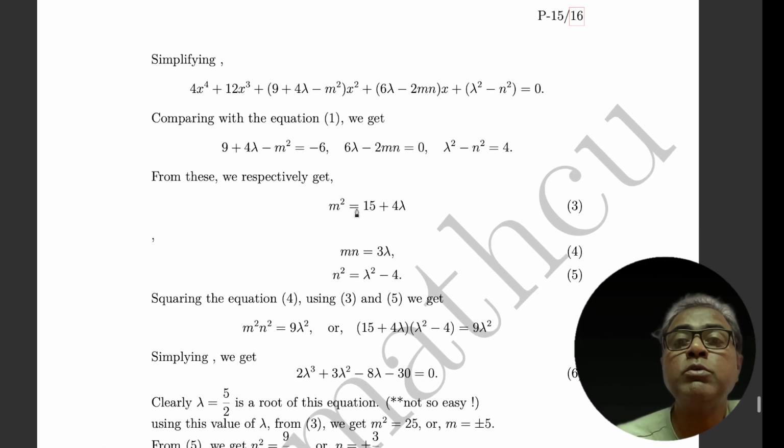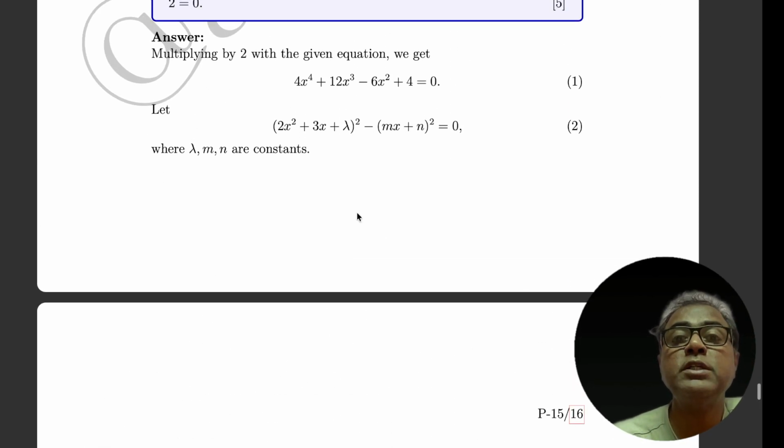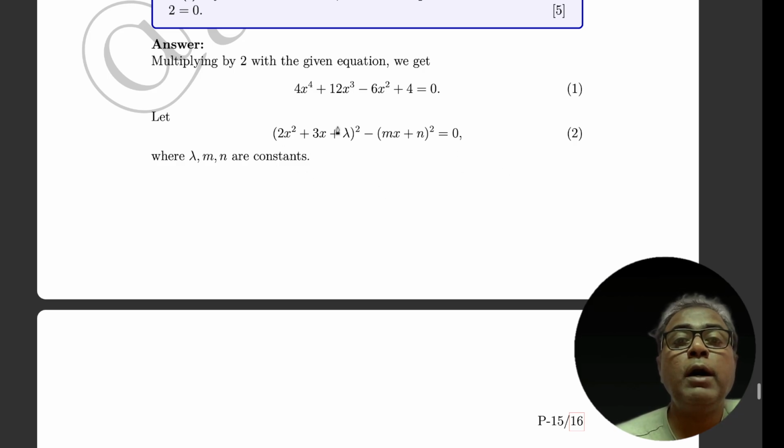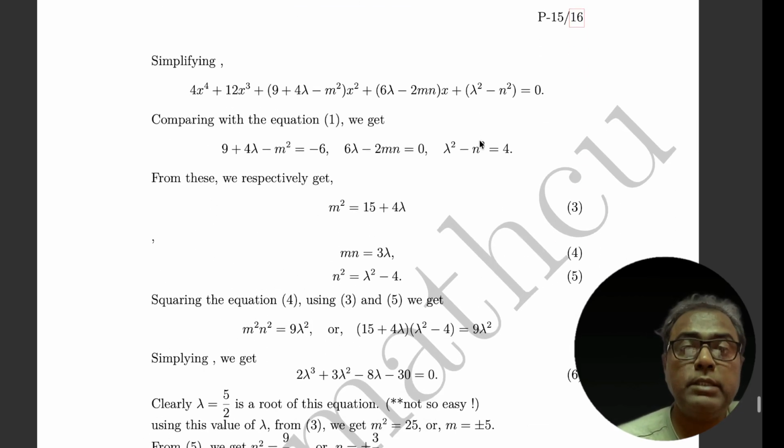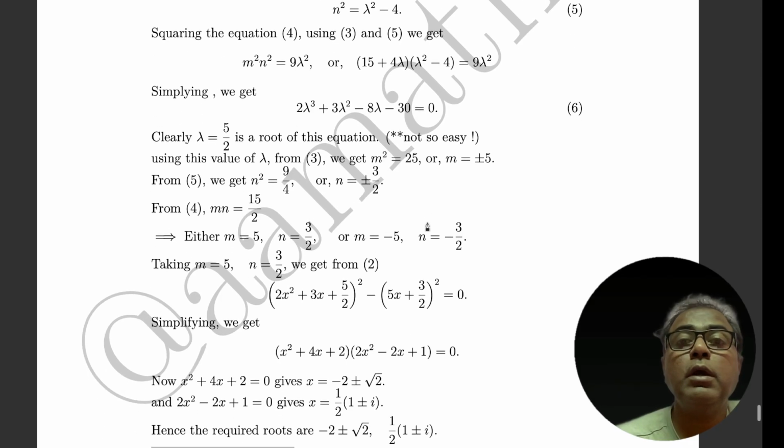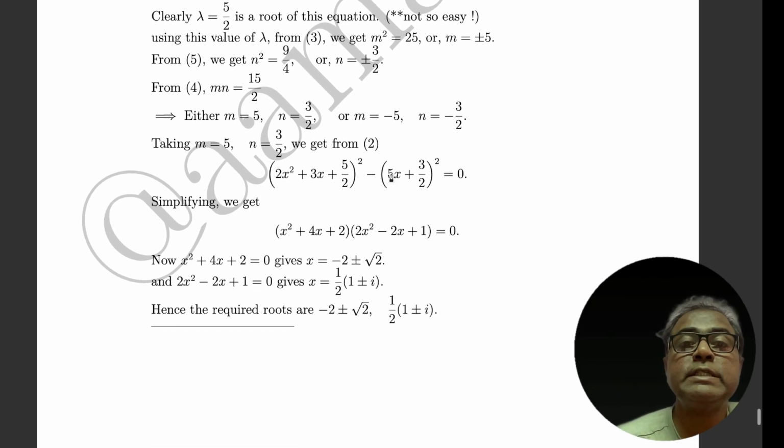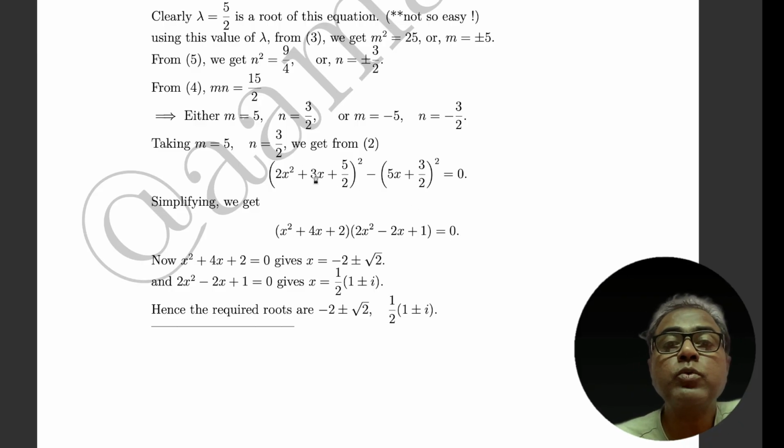From equation 2, putting m, n, and lambda, we get this expression. After simplifying this, this into this equal to 0. Actually it is a square minus b square, that is a plus b into a minus b, and using this formula you can easily simplify.